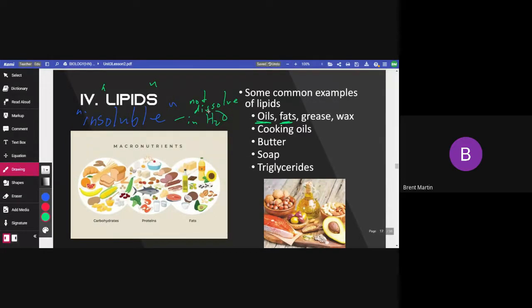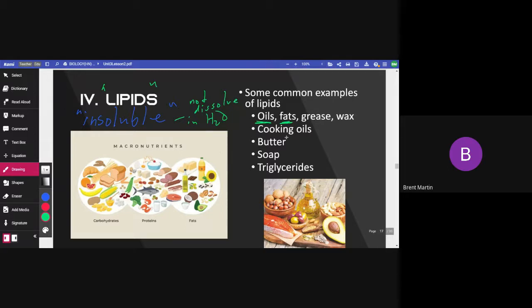What if it will dissolve in water? Would it be a carbohydrate or a lipid? Most likely a carbohydrate, wouldn't it? Will starch dissolve in water? Yeah. Will sugar dissolve in water? Yeah. So most likely if it's soluble, it'll be a carbohydrate. If it's insoluble, it'll most likely be a lipid.